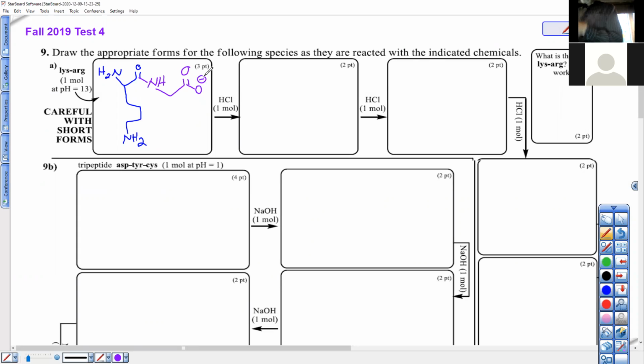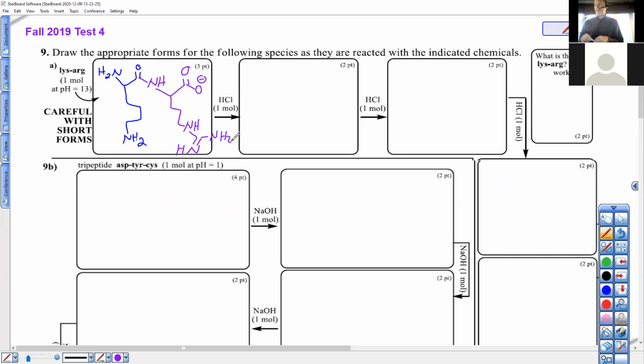And 13 is even above the 12.5 here. So CH2 once, twice, 3 times NH. That was an NH2 plus on the handout. It's been deprotonated. And I'm going to add HCl.